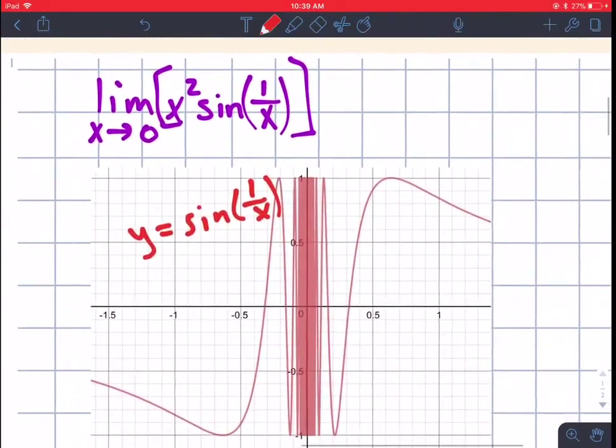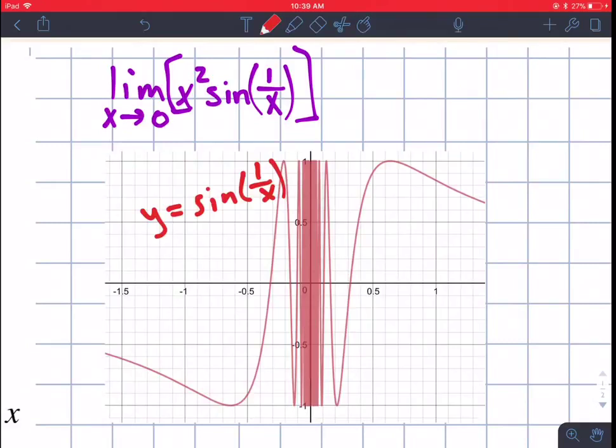The question is, when is it appropriate to use? This is a great example: the limit as x approaches 0 of x squared times sine of 1 over x. The difficulty of finding this limit without the sandwich theorem is that this part, sine of 1 over x, looks like this on the graph. The function curves in, and as we get close to 0, it oscillates more and more quickly, up and down and up and down.